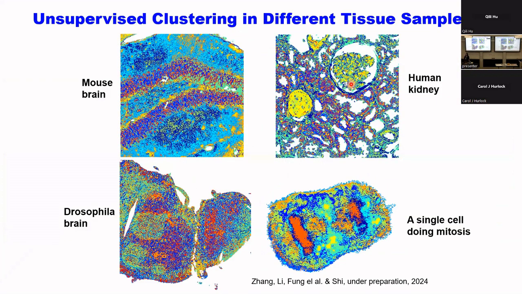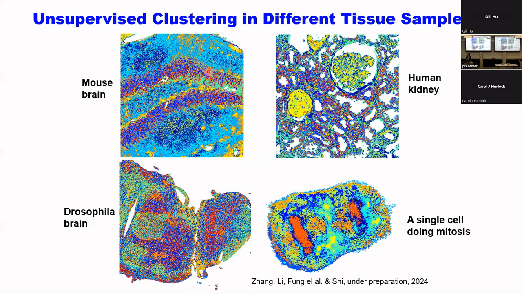So if you don't know what molecules they have in the tissue, what we can do to distinguish different molecular compositions? For this, we did the unsupervised clustering. So in different tissue, if it's a mouse brain or human brain or Drosophila brain, whatever brain tissue you get, you just take the hyperspectral image and detect on all these pixels in the image to distinguish or cluster the chemical composition.